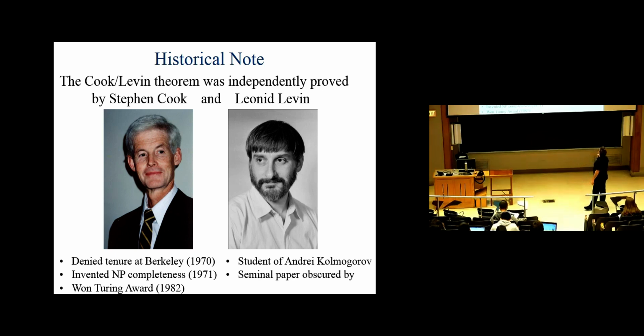Leonid Levin, on the other hand, he was a student of Andrei Kolmogorov, the famous Russian statistician and mathematician who co-invented information theory, basically, and pioneered large portions of statistics and probability theory. Except he did this in Russia during the height of the Cold War, so that his paper was very obscure.